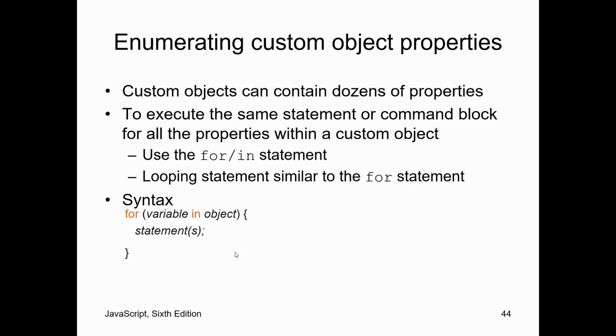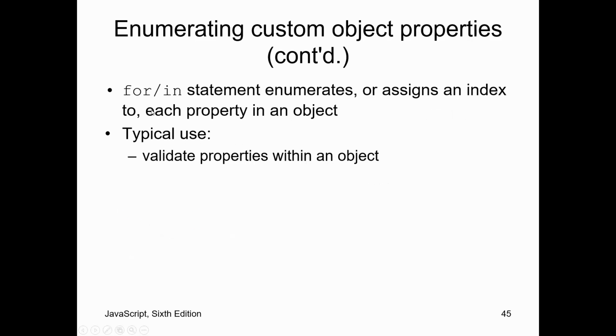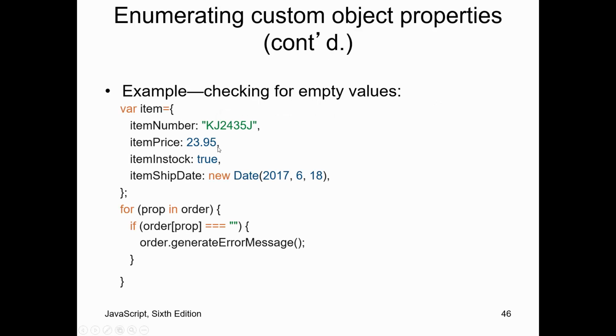All right. If you want to be able to go through and work your way, iterate through a custom object, you can use a for in loop. All right. This is not to change objects, but it's if you want to work your way through an object. Okay. So here's an example.